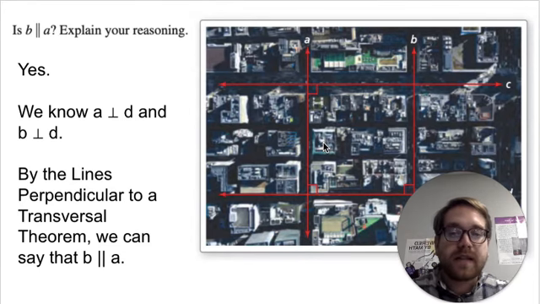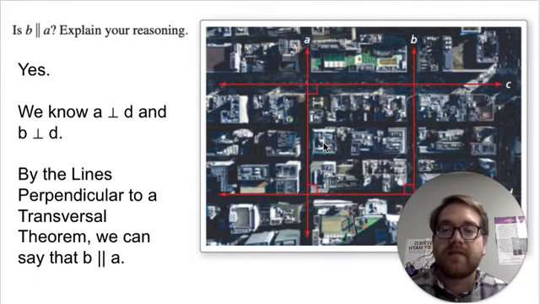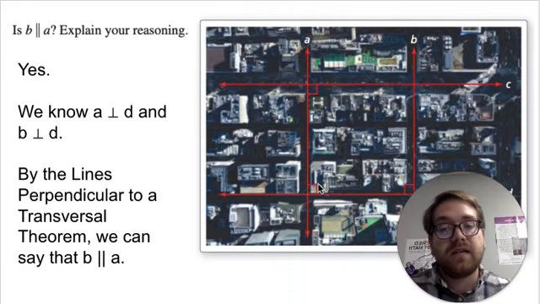When you're trying to decide what theorem you're going to use, you need to look at what information you have. The lines perpendicular to a transversal theorem talks about two lines being perpendicular to a transversal, and that's what I have here.